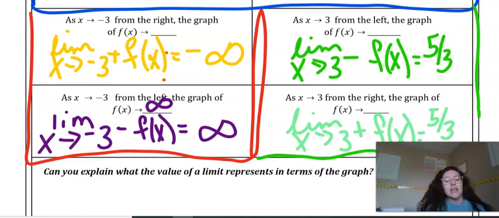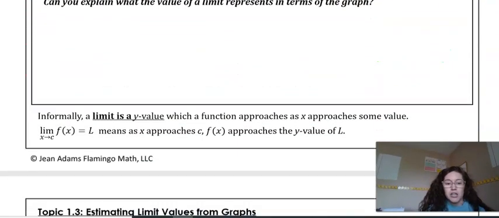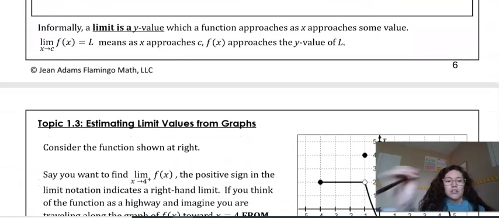If it does not, where I have the -3 from the right and the left, that limit of -3 does not exist because the two did not match. So we have here the value of L if it approaches from either side.